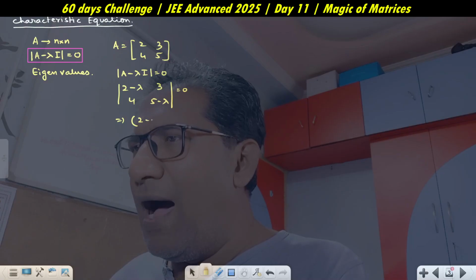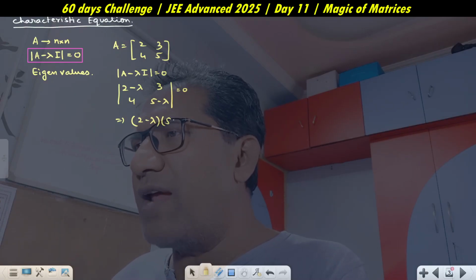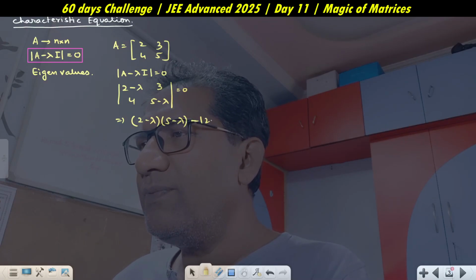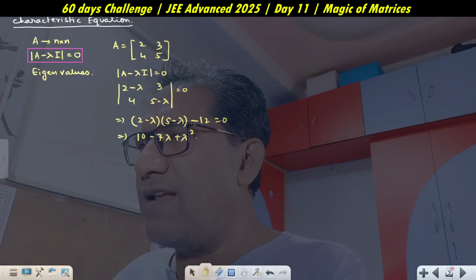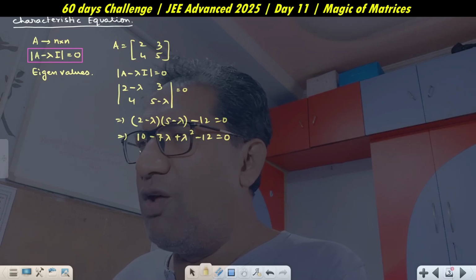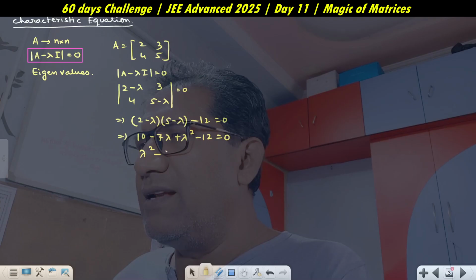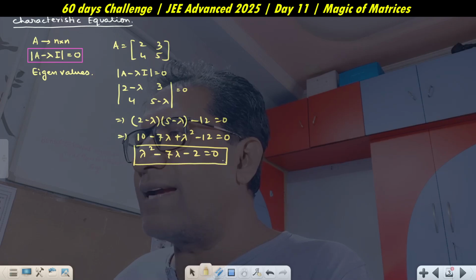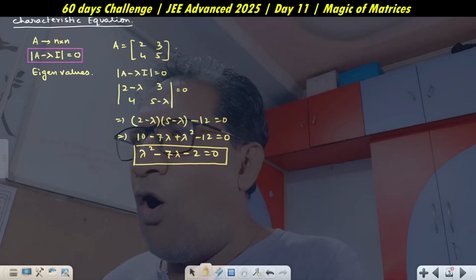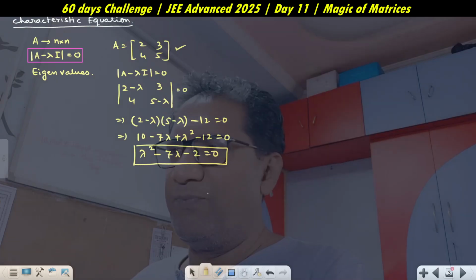If I expand the determinant, we get 10 minus 7 lambda plus lambda square minus 12 is 0. So it is coming like lambda square minus 7 lambda minus 2 is 0. This is called the characteristic equation of this matrix A.